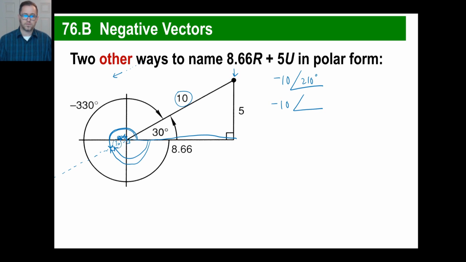If we know that this is 30, then that's going to be a 60-degree angle right there. So that'll be 90 plus 60, which will be negative 150 degrees, okay? And those are the two other ways to name that, in the rectangular form and the polar form, all right?